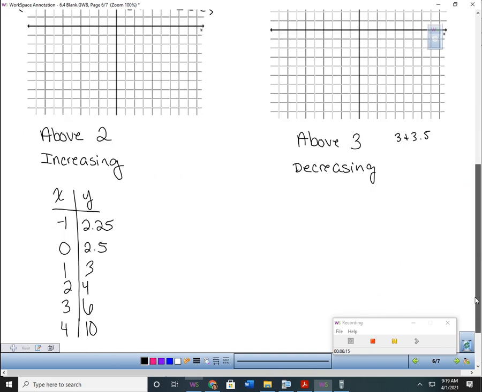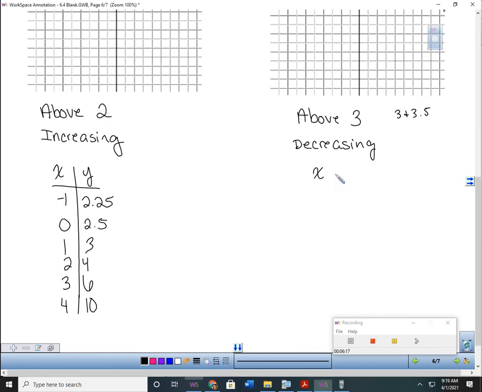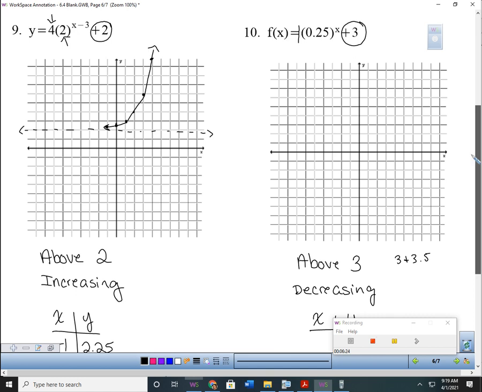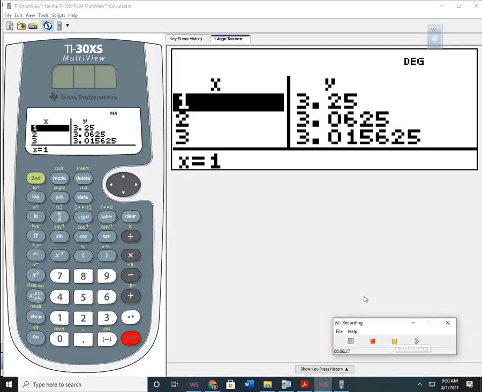So we're going to use our calculator again to go ahead and get the points for our graph. Now this is nice because it gave you decimals, right? So we decided that we were going to be on top of the line, so I wanted to be only a quarter above that line, right?